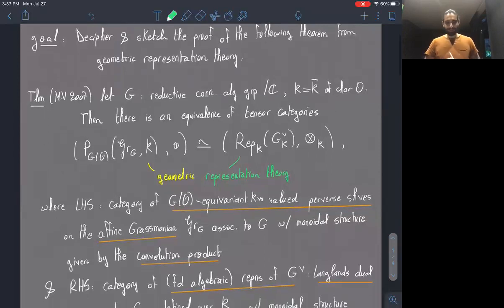So we start with an algebraic group G over C, which we take to be reductive and connected. When I say reductive, you can just think about the fact that its associated category of representations is semisimple, so that all of our representations completely split into irreducibles.